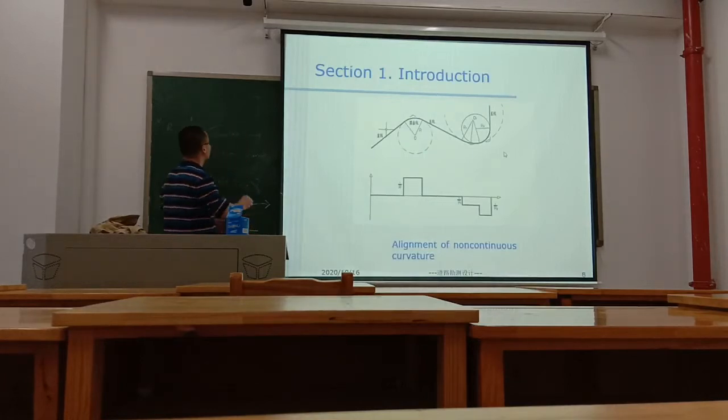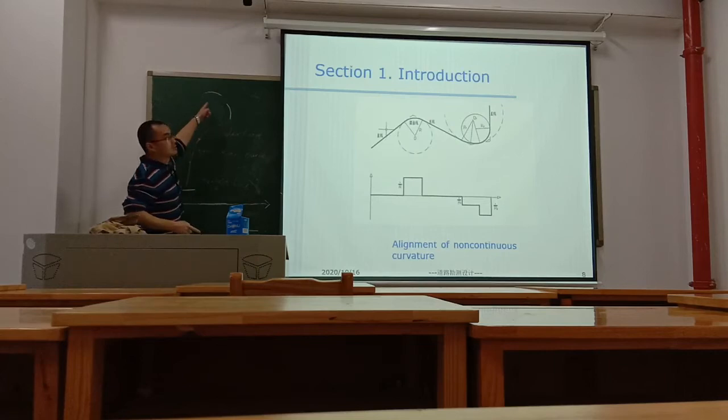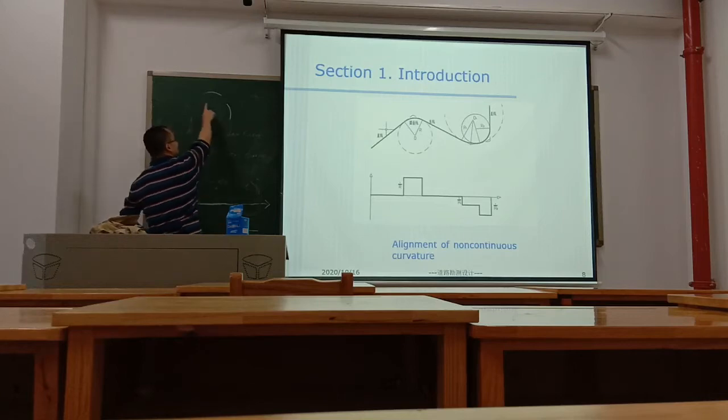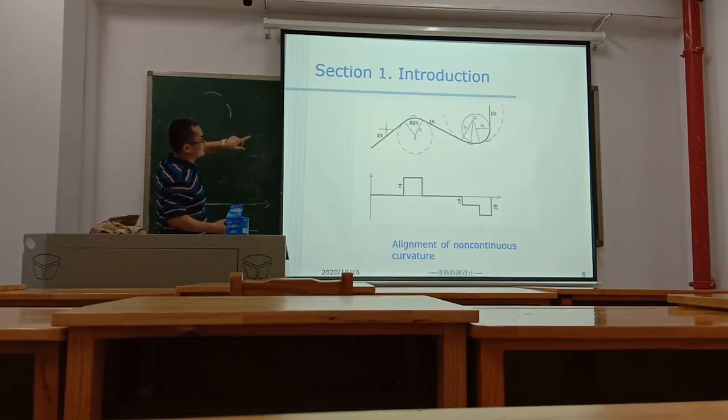If this is the same direction, one circular curve, the other circular curve, between the two there is a transition curve.